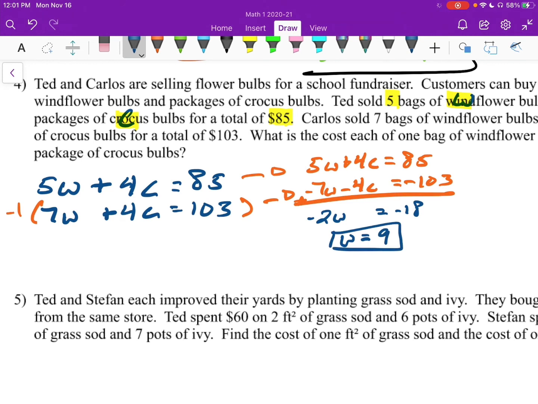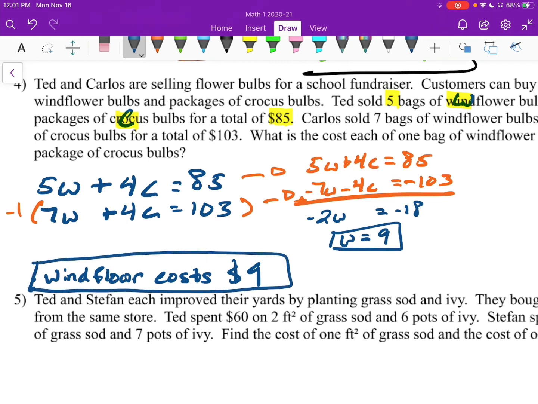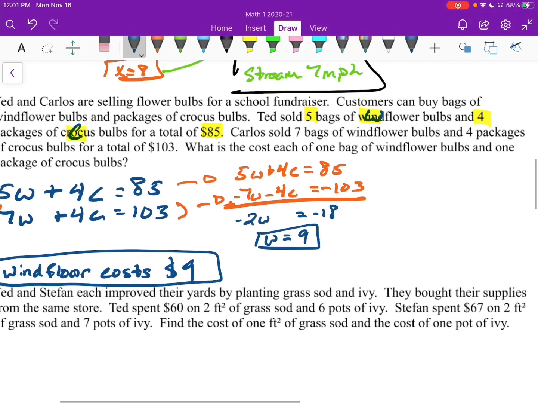So what is that, windflower costs $9. All right. To find the other one, I'm going to plug back in. I'll plug into this top equation there.